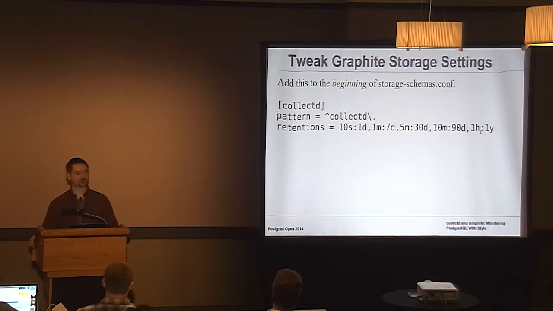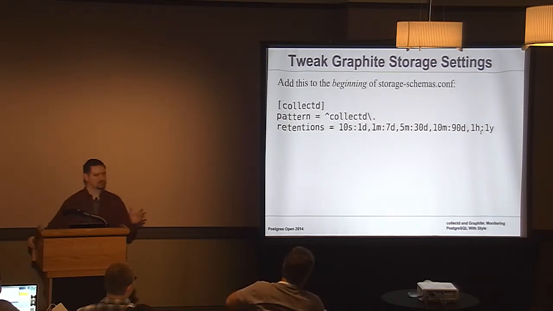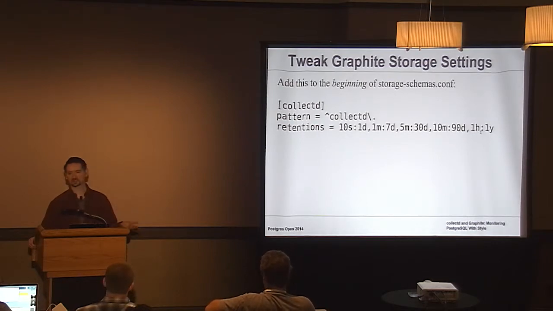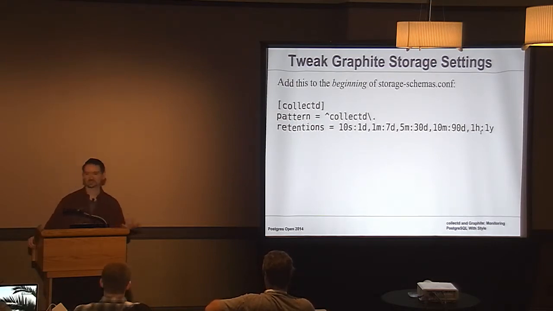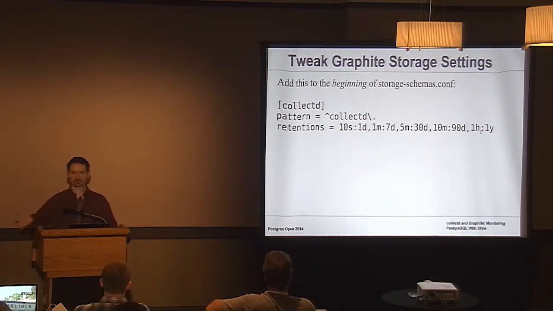So if you try to look at data that's more than a day old, you'll get a blank graph every single time. With this particular configuration, the default polling interval for a collectd client is every 10 seconds. So every 10 seconds, unless you override it, it'll run your queries and send them off to the aggregator.